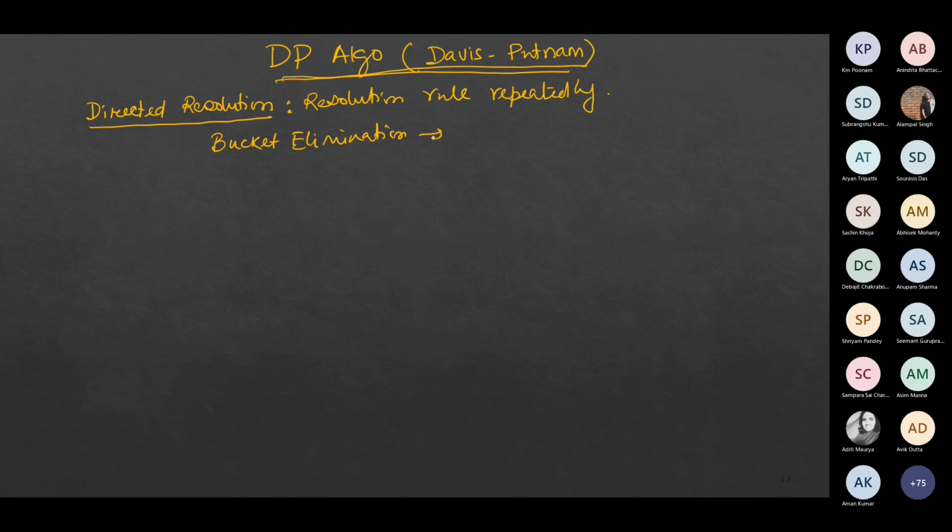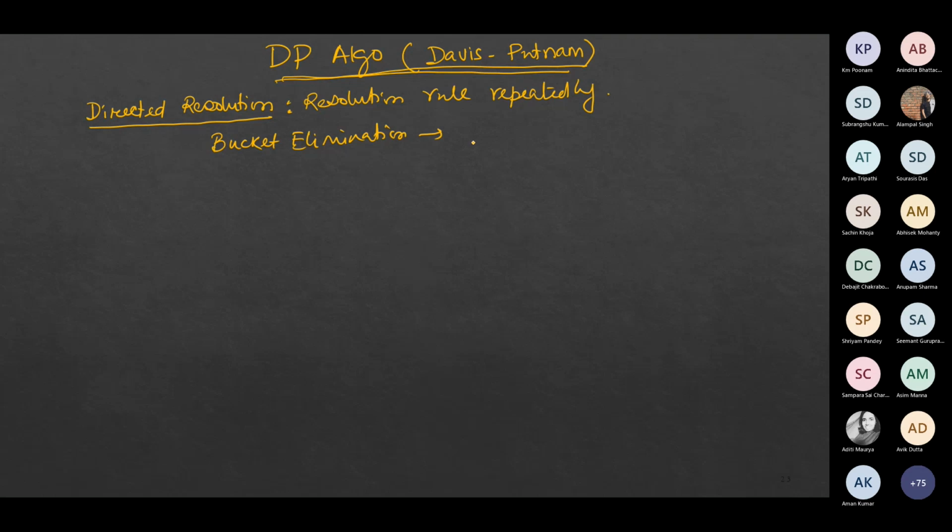We are treating every variable as a bucket. We are picking up the clauses from the knowledge base delta and putting them into the respective buckets. And what is the benefit of doing that?